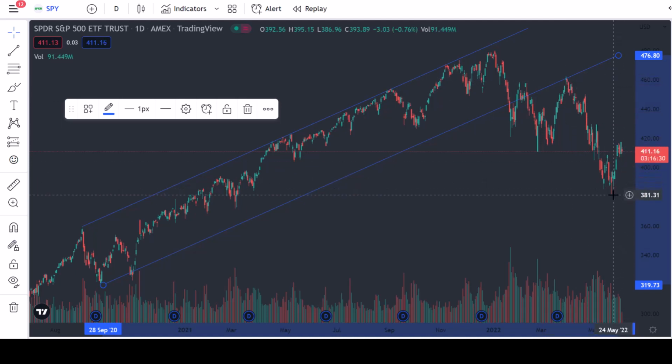Now this doesn't always happen, but just to give you an idea, I did not pre-make this chart at all. I just came into it thinking that it should manifest itself somewhere because the market tends to repeat itself. The market moves in trends, and all the information is in the charts.